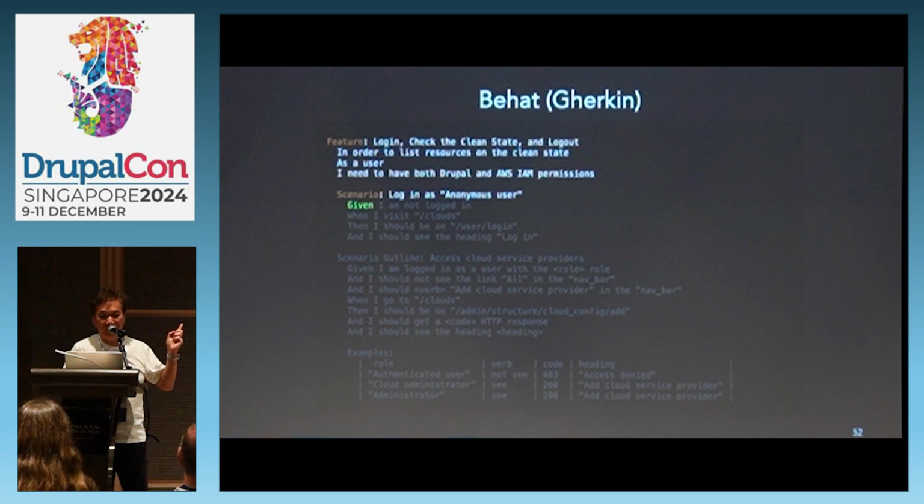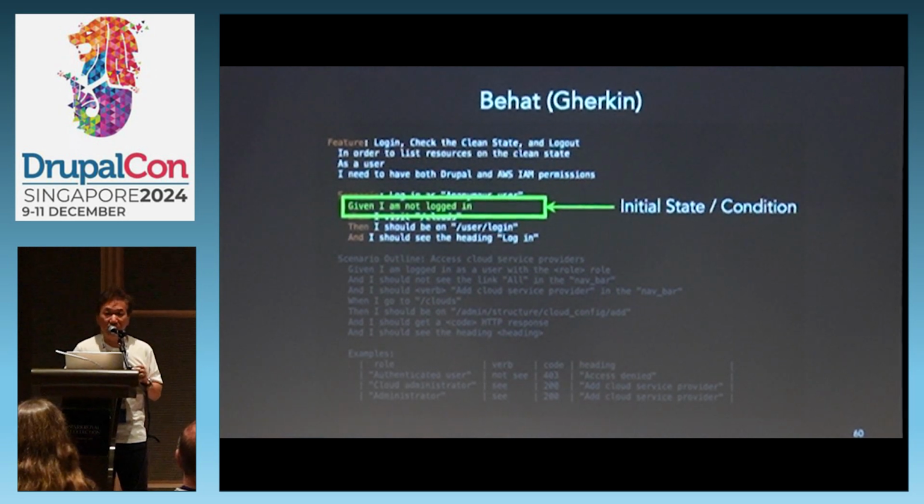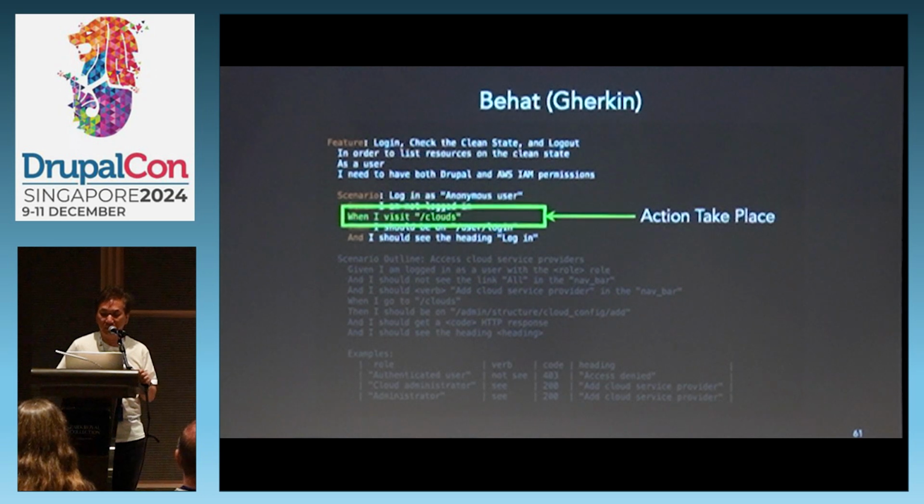With the keyword Given, I'm not logged in. When I visit /clouds, then I should be on /user/login URL. And I should see the login header. So when we start with the keyword Given, it represents the initial state and the condition of the test scenario.